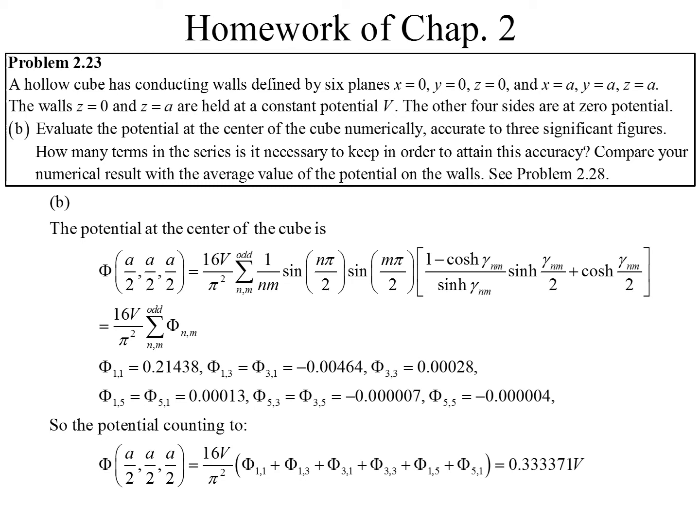We count how many terms? 1, 2, 3, 4, 5, 6 terms. And last, the potential is close to 1 over 3 V.